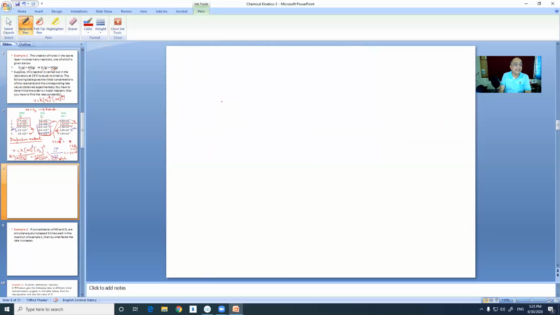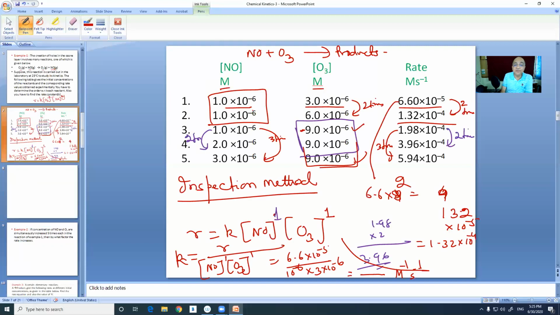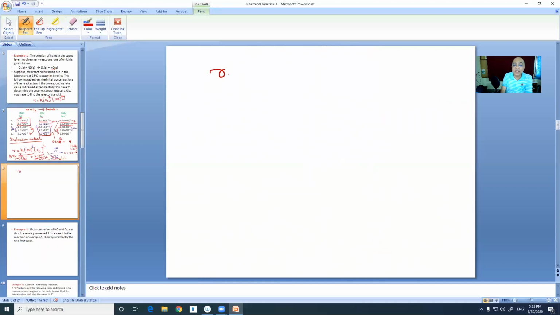Let us take the first and second data, where you see the concentration of NO is fixed and the ozone concentration is doubled. So take R1 by R2 equal to the concentration of the first data by the concentration of the second data to the power n.